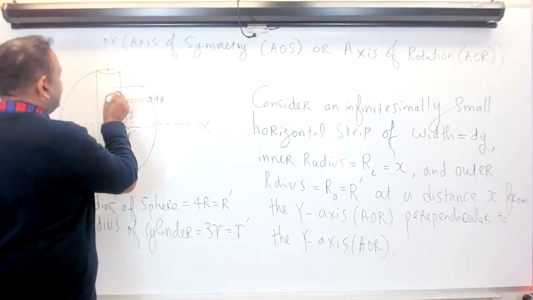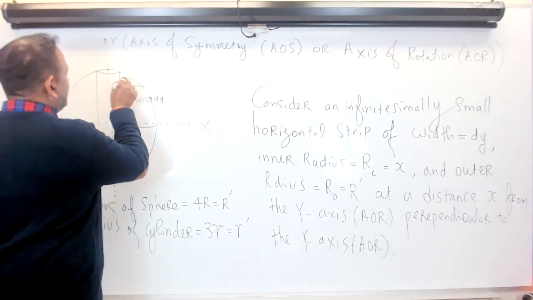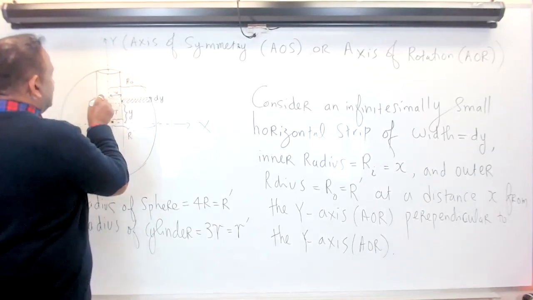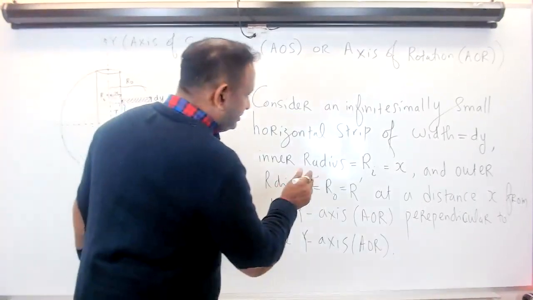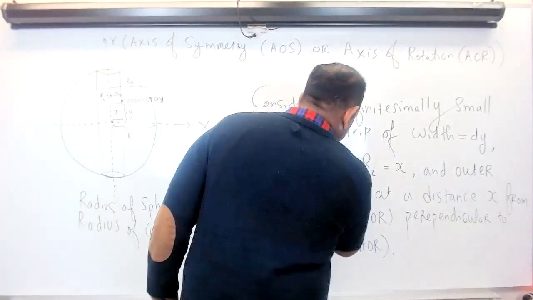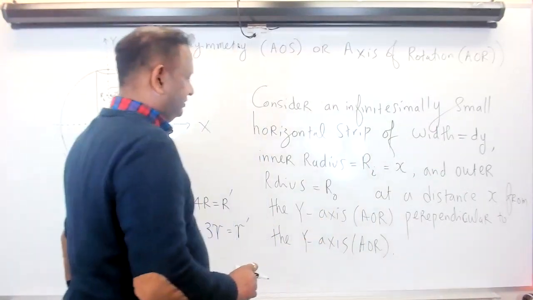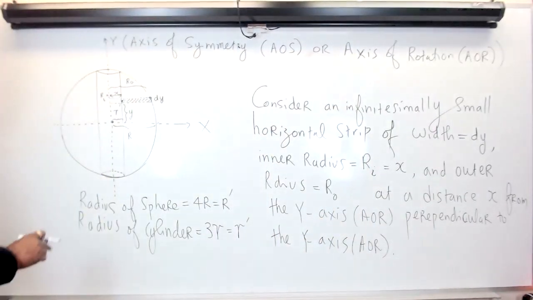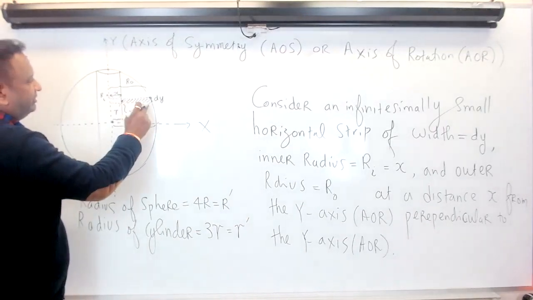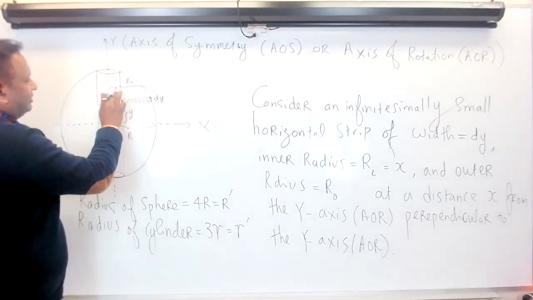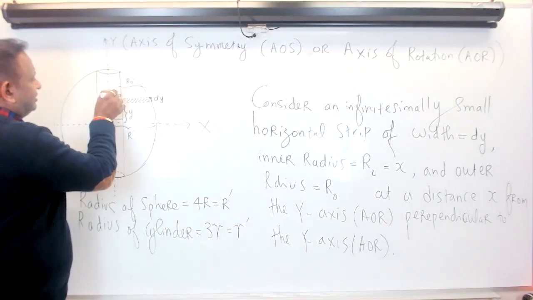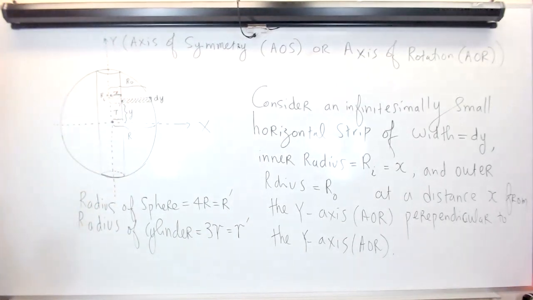Okay, this is x. This one is ri, the same thing. Sorry, it's not r naught, because the length from here to here is not the same. This is x.